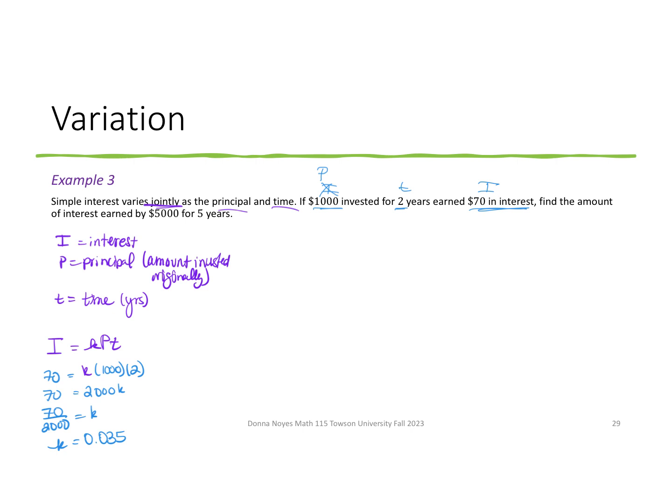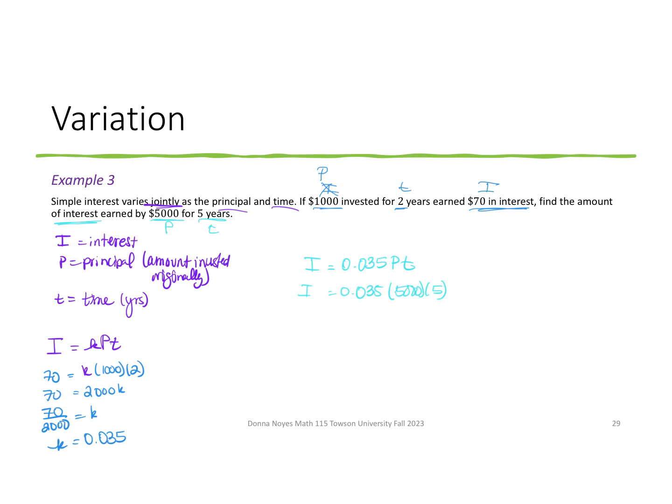So now let's rewrite our formula as I equals K, which we just said is 0.035 times our principal times our time. And now it wants us to find the amount of interest. So find I earned by 5,000 as P for 5 years T. So we want to say I equals 0.035 times our principal, which is 5,000, and our time, which is 5 years.